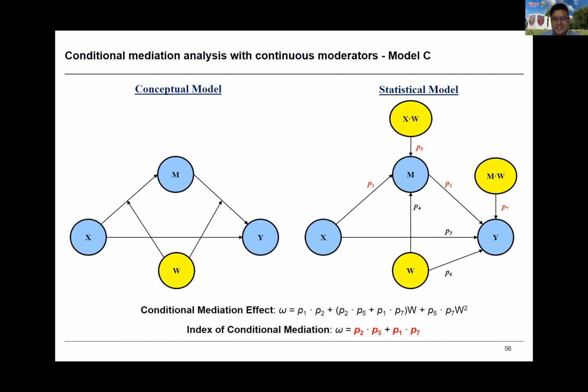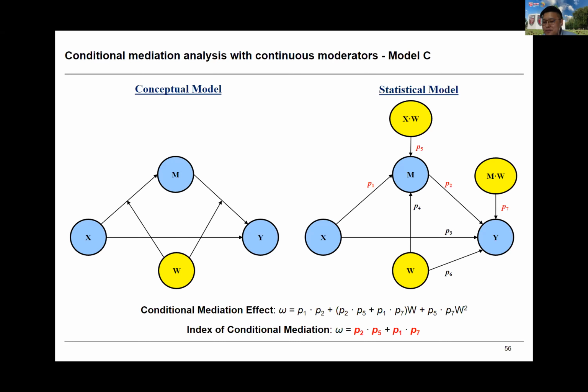Looking at the conceptual model, model C is the extension, a combination of model A and model B. As you can see, W moderates the first stage of the mediation model as well as the second stage concurrently. To calculate the index of conditional mediation, the formula will be P2 multiplied by P5 plus P1 multiplied by P7.